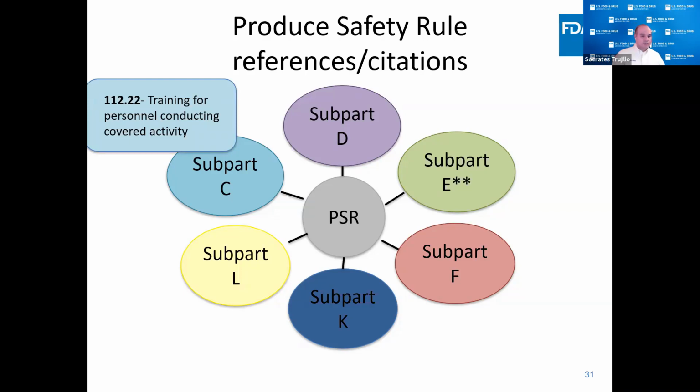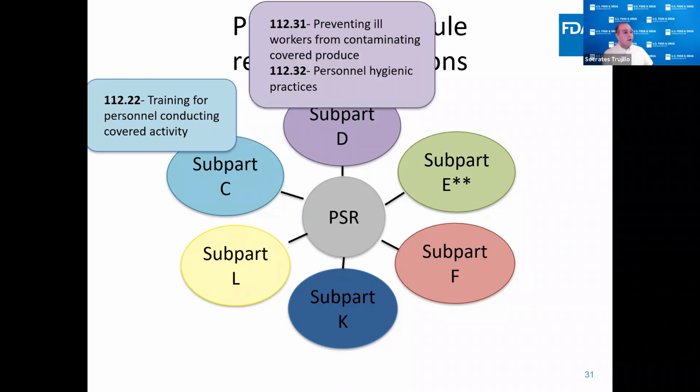Of course, we're talking about Subpart C, that is training. 112.22 indicates that the individual must be trained on health and hygiene and in conducting their covered activities. So that's something very important. If you're out there and observing that the individual doesn't know what they're doing, or doesn't have any basic concepts of health and hygiene, you can make that citation there.